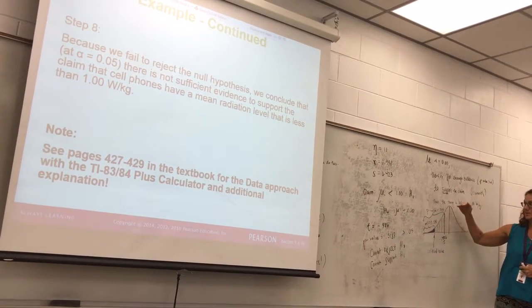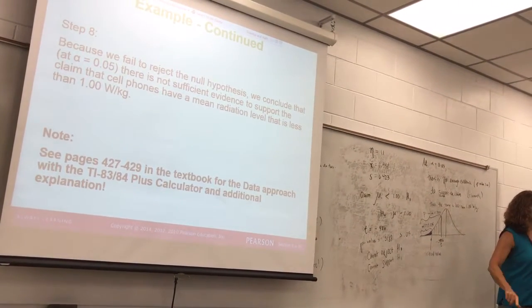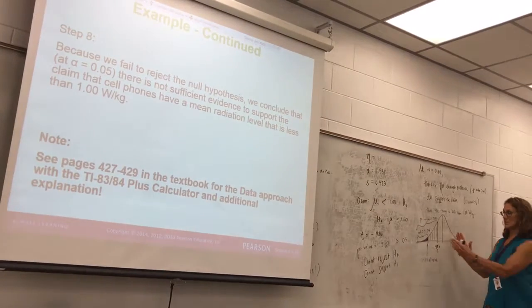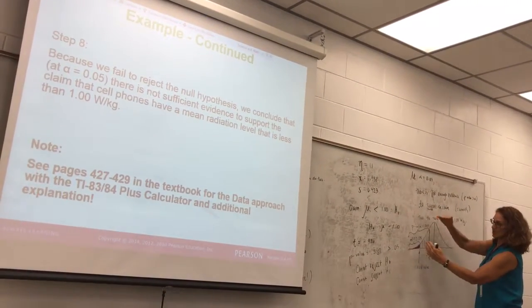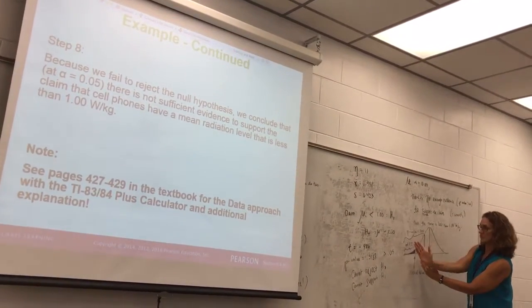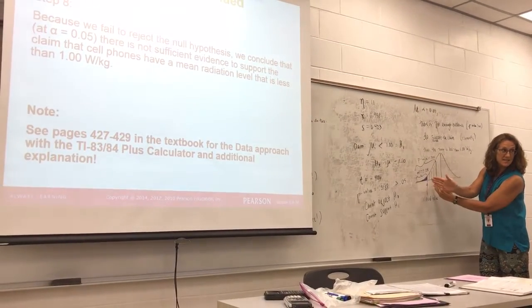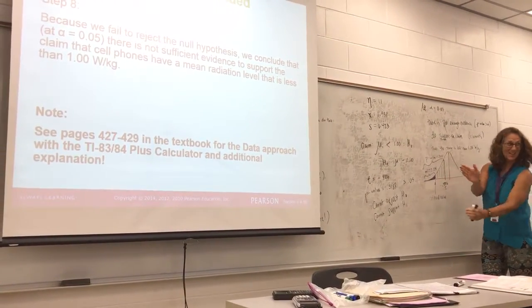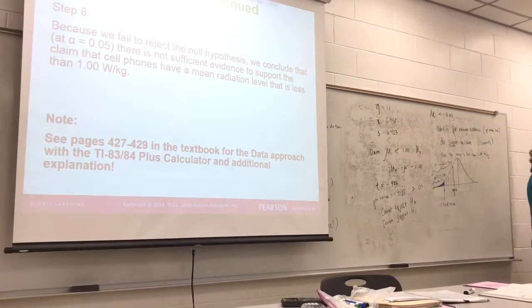In this case, the p-value is bigger than alpha. The test statistic is not beyond the critical value, is it? Right? Critical value is here. The cutoff for alpha is here. We're over here. P-value is bigger than alpha. But if it were the reverse, if this test statistic were out here, then the p-value would be smaller than alpha, and the test statistic would be beyond the critical value. That's another way of making the same decision.